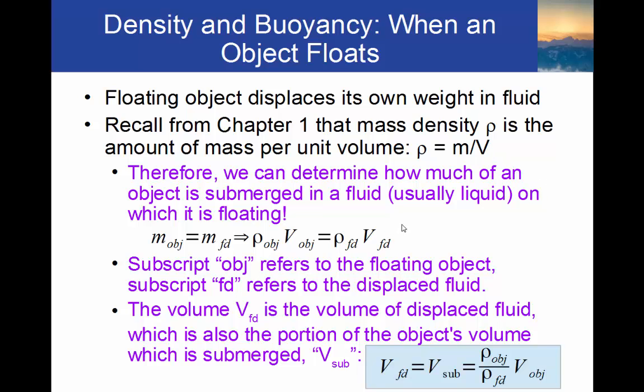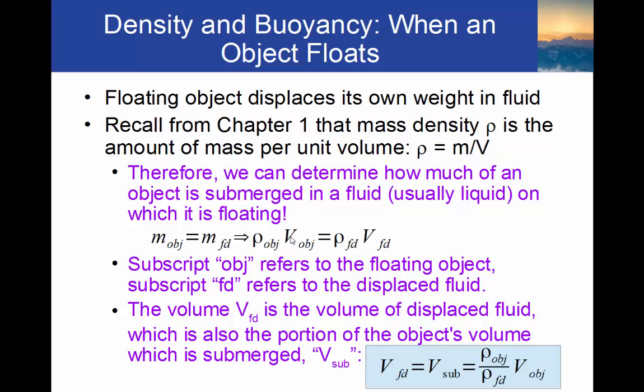Since the density is mass over volume, we can figure out how much of an object is submerged in a fluid, generally in a liquid, upon which the object is floating, because the mass of the object needs to be equal to the mass of the fluid which has been displaced. And that means that the density of the object times the volume of the object needs to be equal to the density of the fluid times the volume of the fluid displaced.